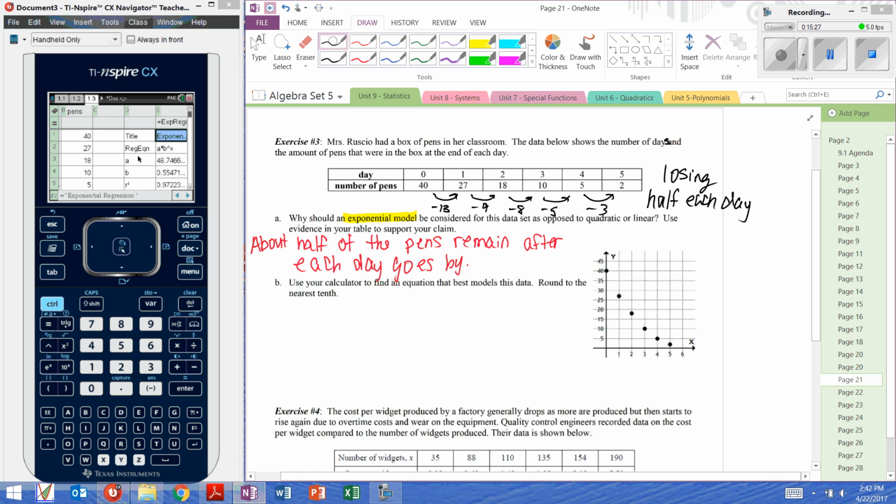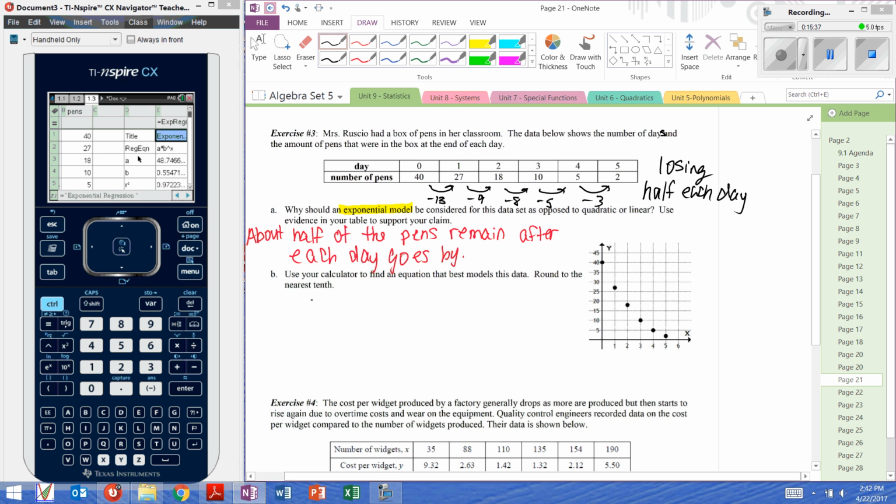Now, you might wonder what the r squared and all the other stuff is, and we'll talk about some of those numbers later on. For right now, we just need the fact that they gave us our equation, y equals a times, and I'm just going to use parentheses, b to the x power. This is how we usually see it.